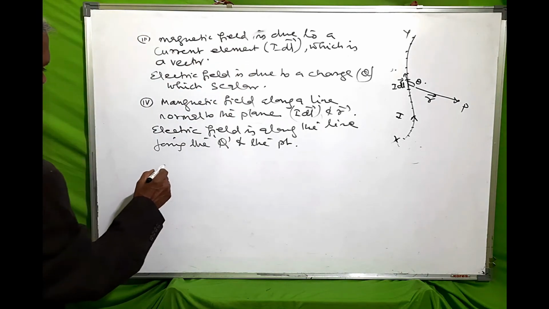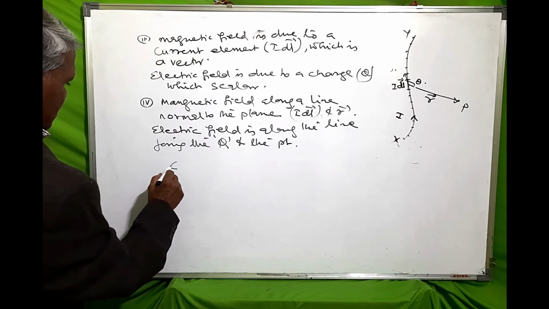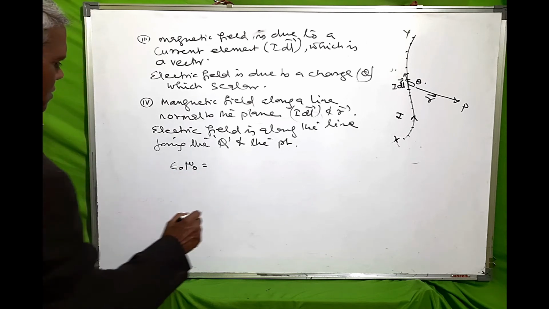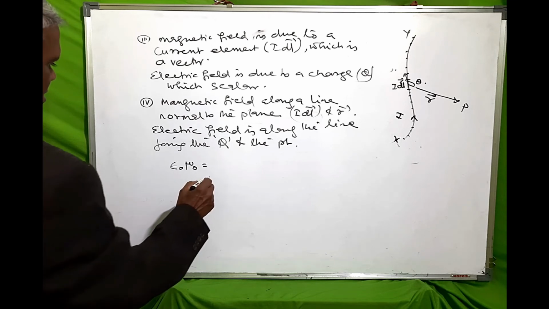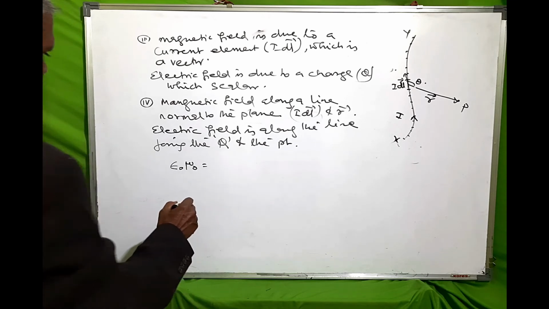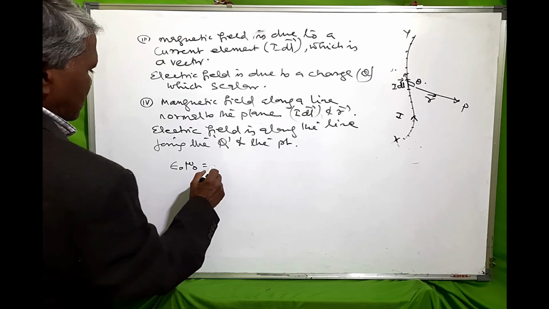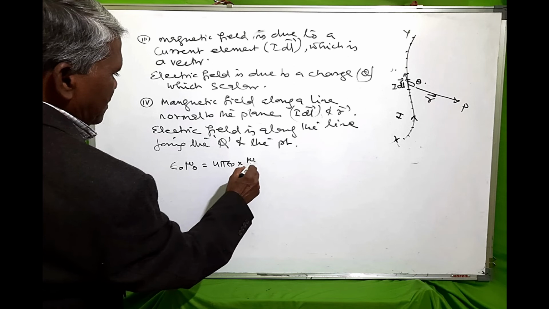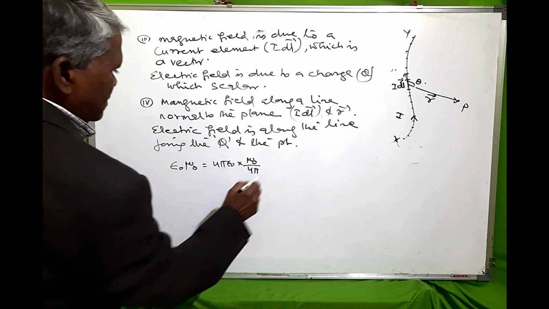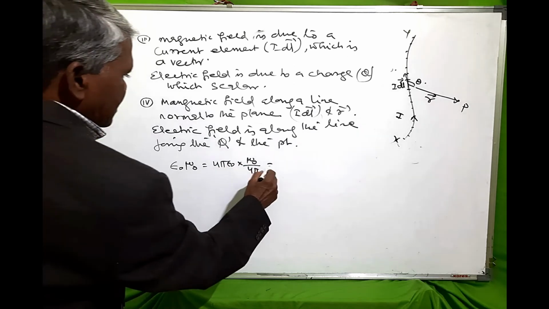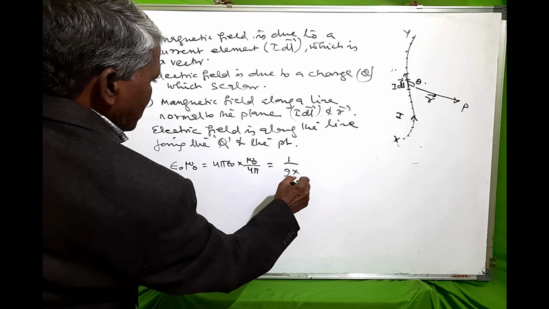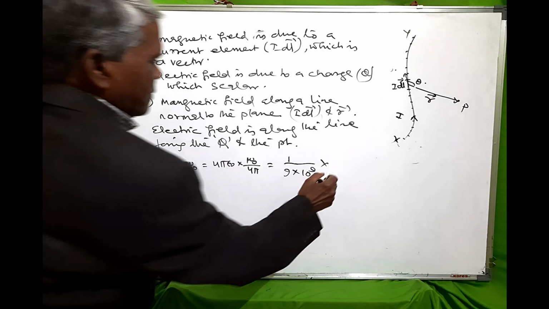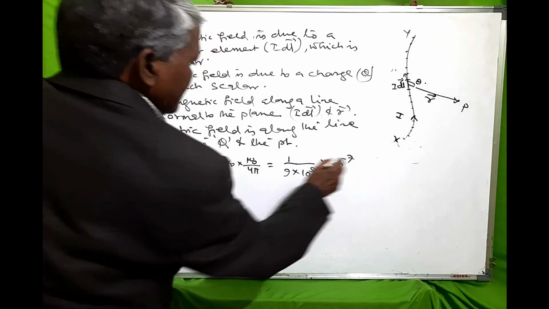There is another relation obtained, epsilon 0 mu 0. We can say that here you can write 4 pi epsilon 0 into mu 0 by 4 pi. Here you can write 1 by 9 into 10 to the power 9, and this is 10 to the power minus 7.